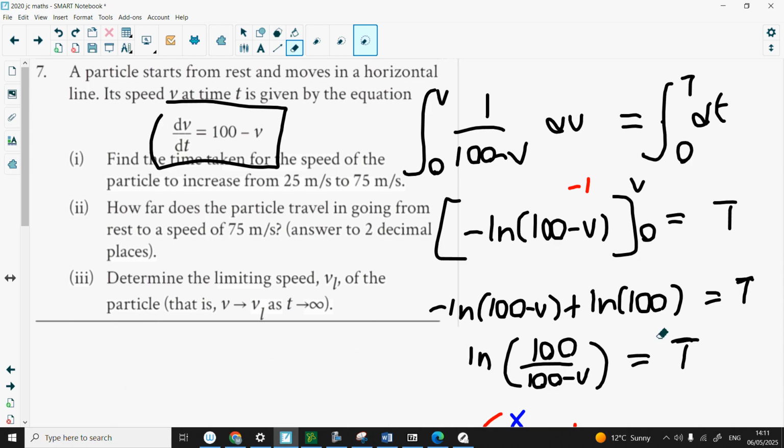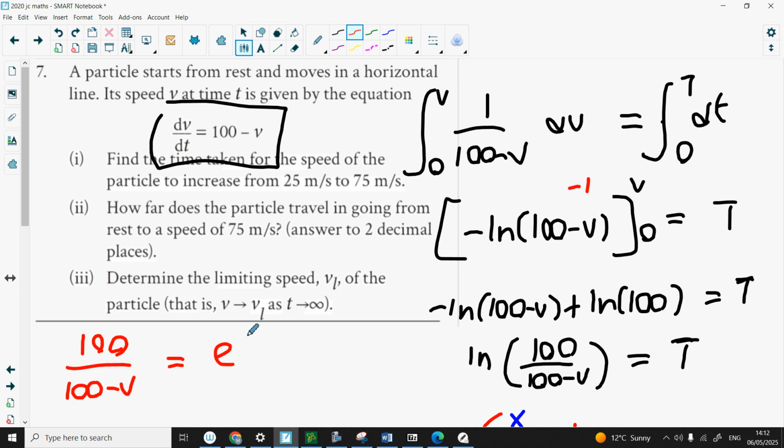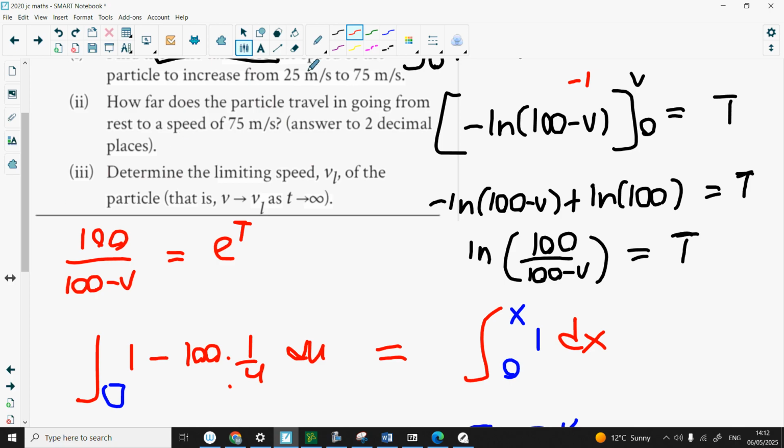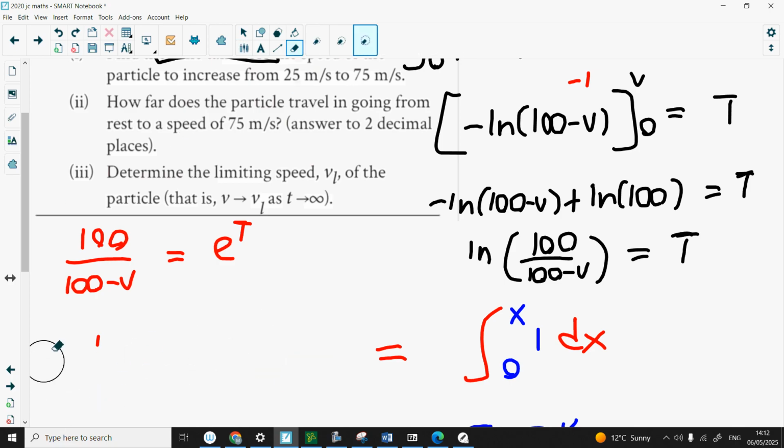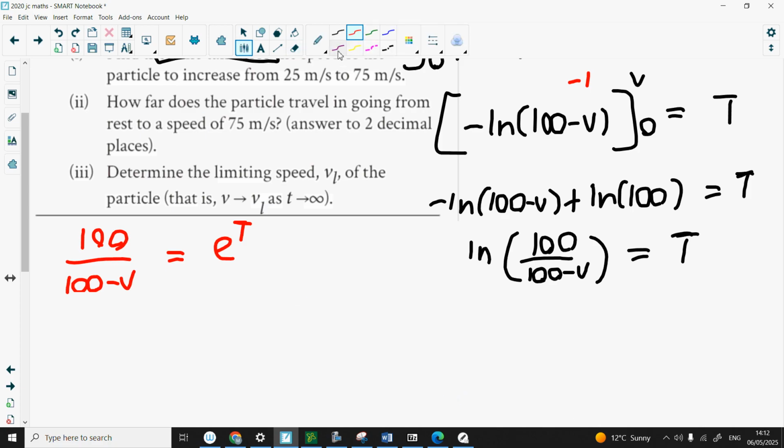Now, what do I do with the e, guys? Throw the e up, yeah? So what do we get? Well, yeah, so I'm going to get 100 over 100 minus v equals e to the power t. I'm going to do a switch here. So, if you will, I'm going to switch the e to the t and the 100 minus v. Both of them are going to switch positions.